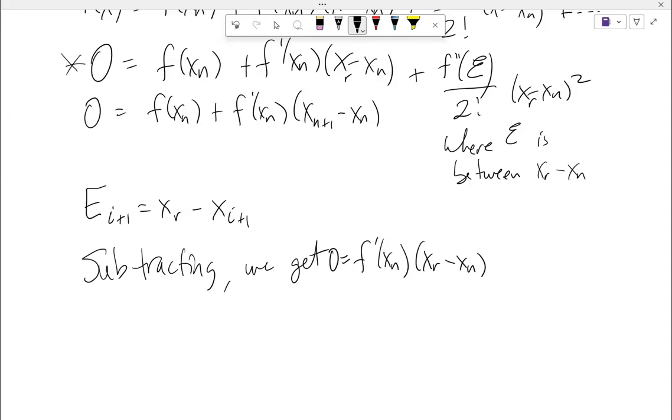Sorry, I forgot my 0 in front. 0 equals that, and then we get a plus f double prime of this x of c over 2 factorial, and then x of r minus x of n quantity squared. Plus 1 on there. Sorry, forgot my subscript.